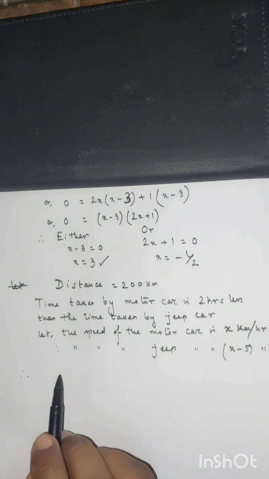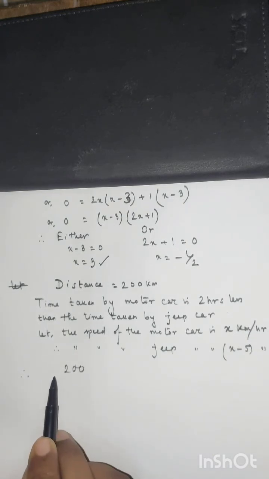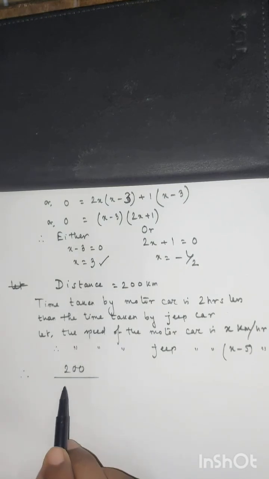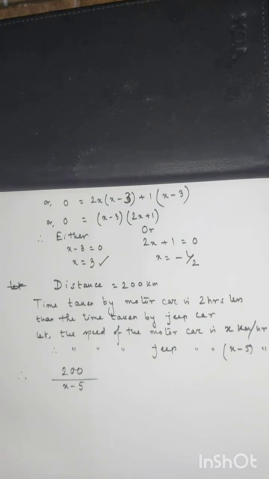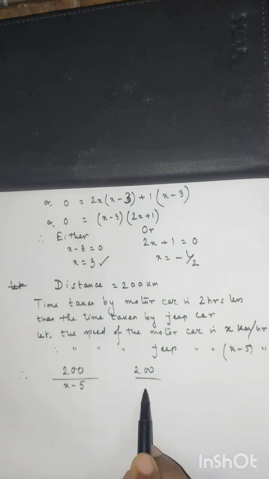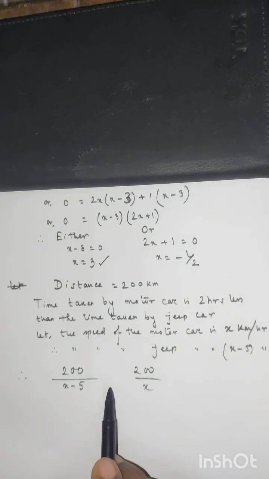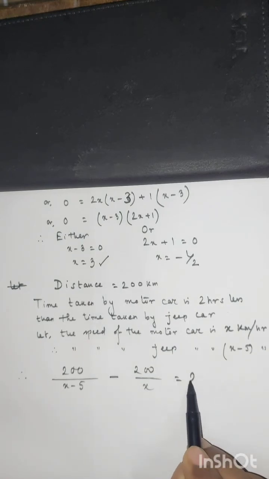So time taken by jeep car is 200 distance by speed, that is 200 by x minus 5. And time taken by motor car, this is 200 by x. Okay, and the difference between these two times is 2 hours. So this is our given question.